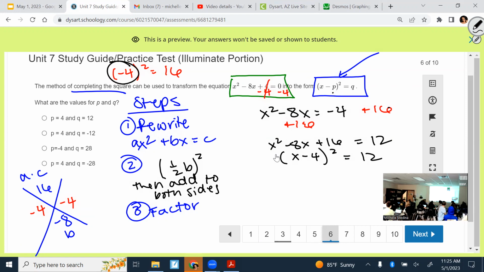It does look like it, does it not? Is there a parentheses, an x, a minus, and then a number? So then, yeah, it looks like it.